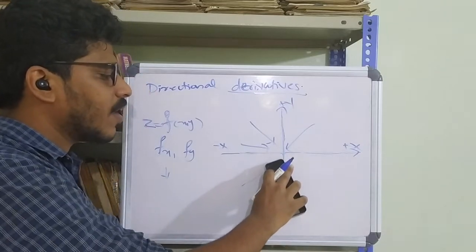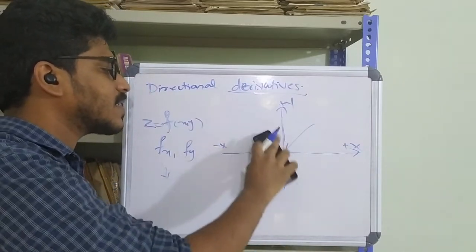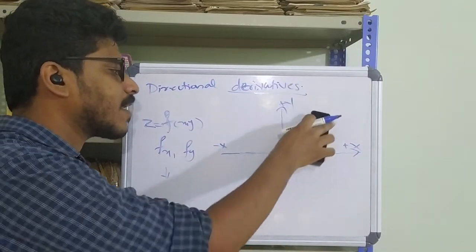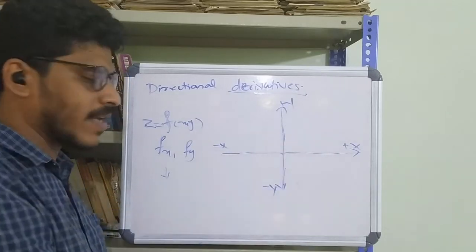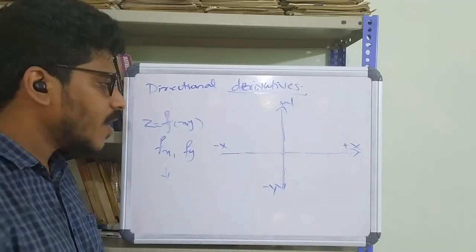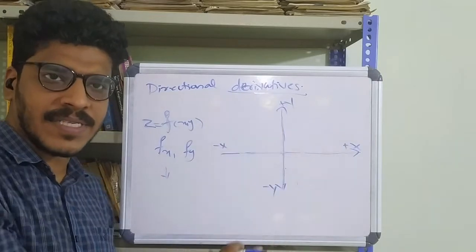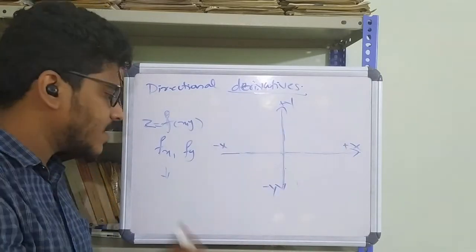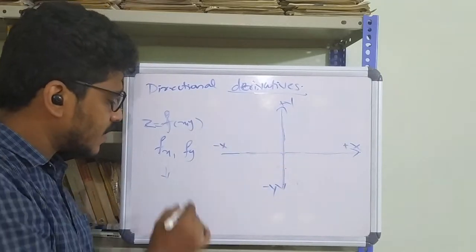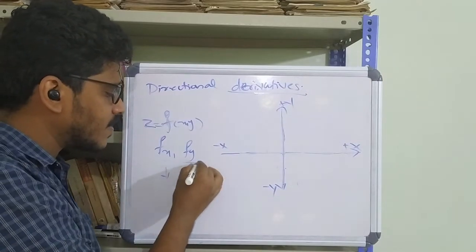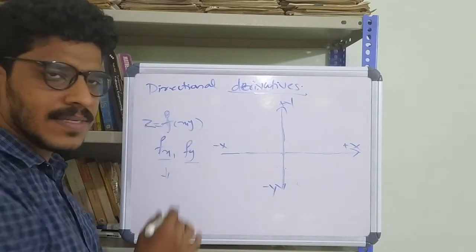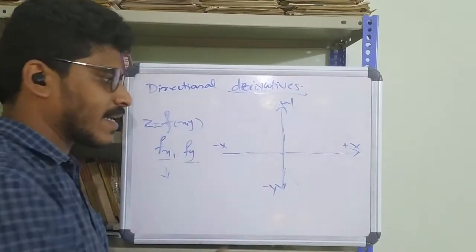If it is possible, visualize the graph of a real valued function of two variables. It will be a surface in 3 dimensions, and on that surface, fx and fy give the rate of change of z in the x and y direction.